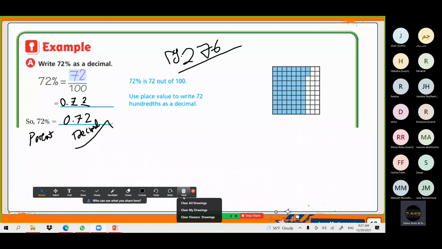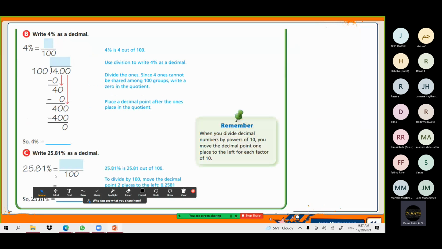Now here, 400%. It is 4 over 100. And let me give you the long way by division, if you want it. But I will give you another way. As I told you, write a decimal point and 2 zeros, it means 2 digits.